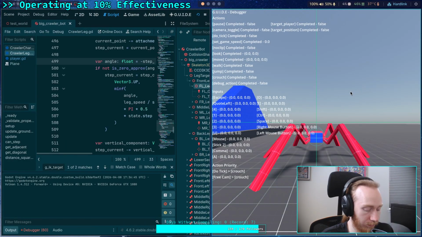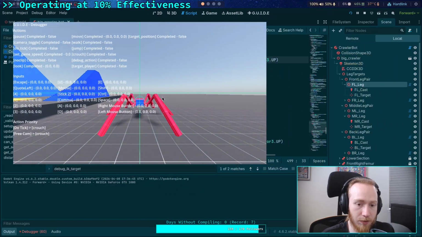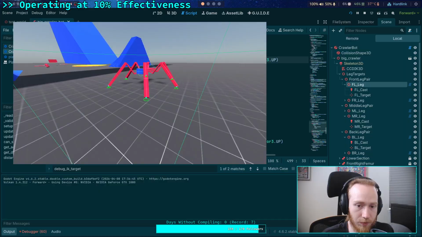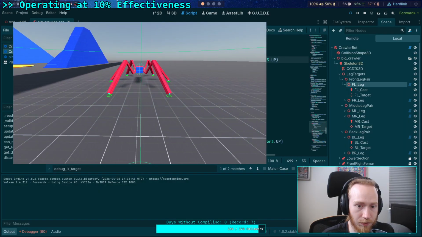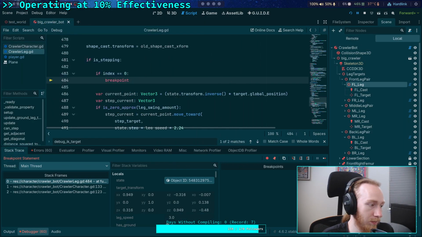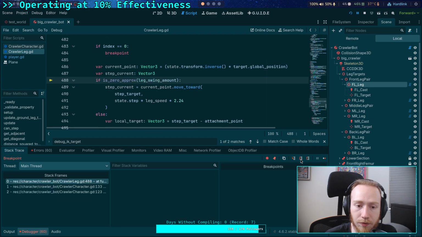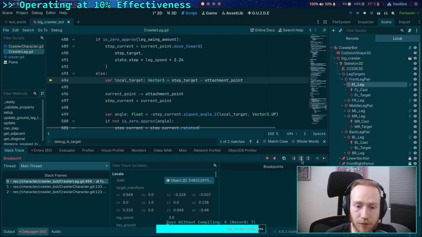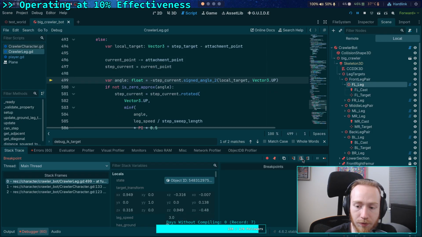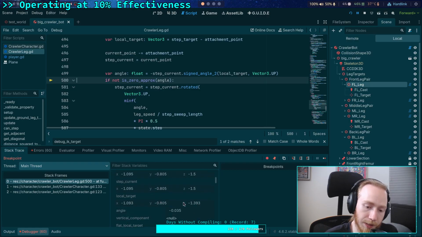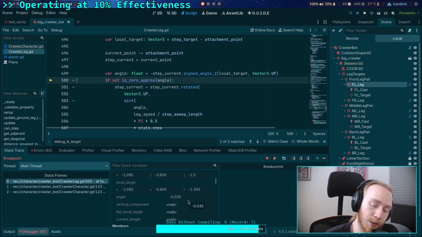Let's see what that angle is. 0.035. It's close to 2 degrees, right?